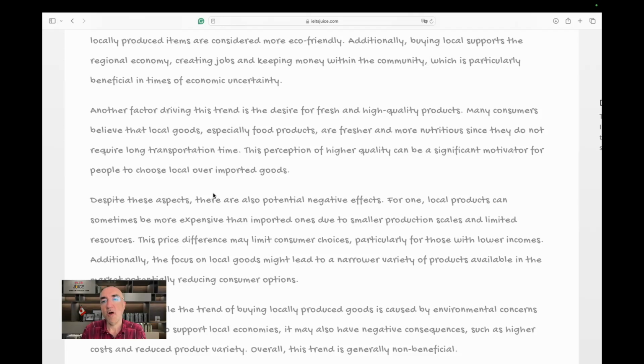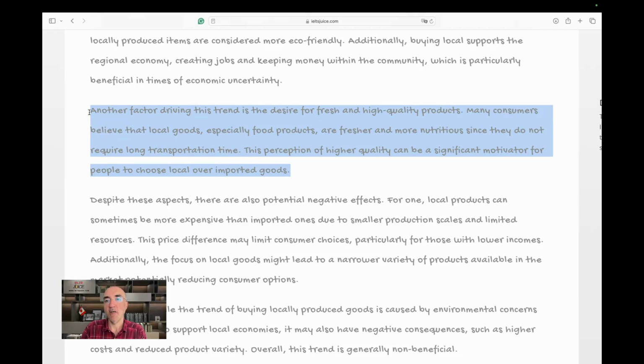This perception of higher quality can be a significant motivation for people to choose local over imported goods. In some contexts, this might be okay, but here I prefer choose locally over imported goods. This is very overgeneralized. I do not see any example here.